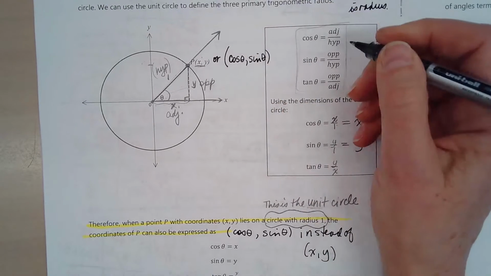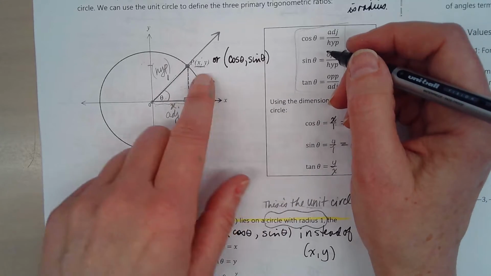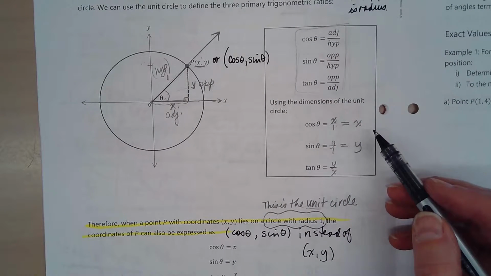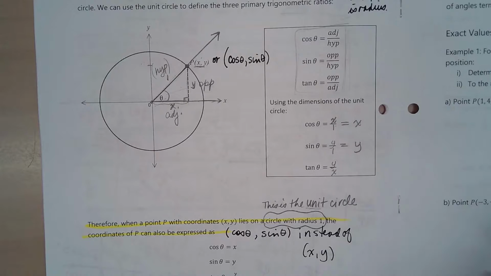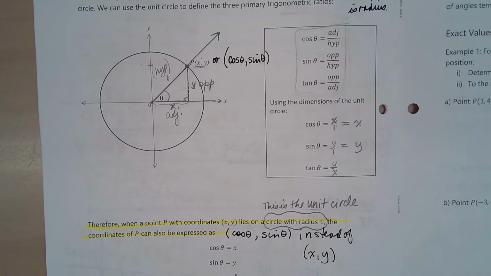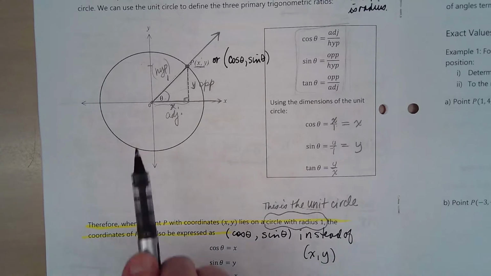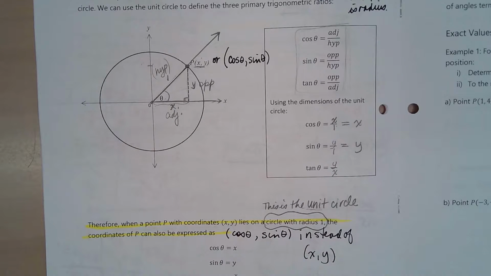I'm just substituting cos theta for x and sine theta for y, because that's what we just determined over here. The reason we want to call them cos theta and sine theta is because that gives us so much more knowledge of what's happening at the point and with this angle than just referring to them as x and y. It gives us tons of knowledge.